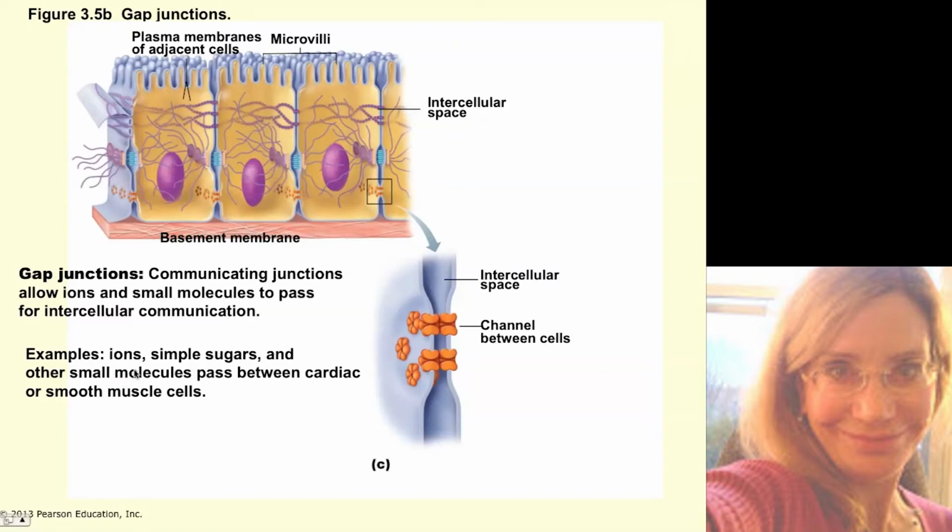Examples would be ions, simple sugars, and other small molecules that will pass, particularly between cardiac muscle cells. We have this happen where the ions will flow from cell to cell, and that would allow a nerve impulse to pass from cell to cell, so that the heart muscle will contract. Each chamber will contract as a unit. This also occurs with smooth muscle cells, and we will get to muscles later on in the semester.